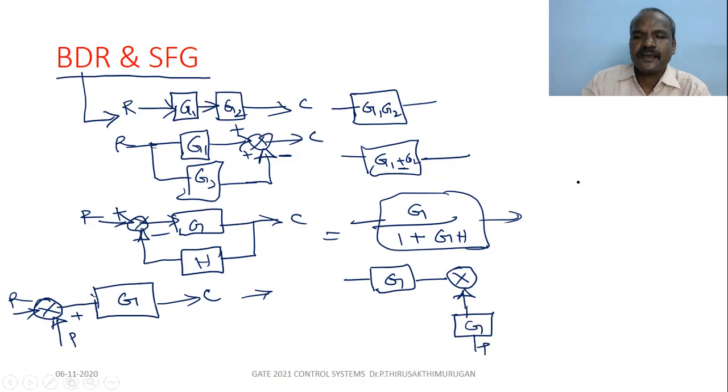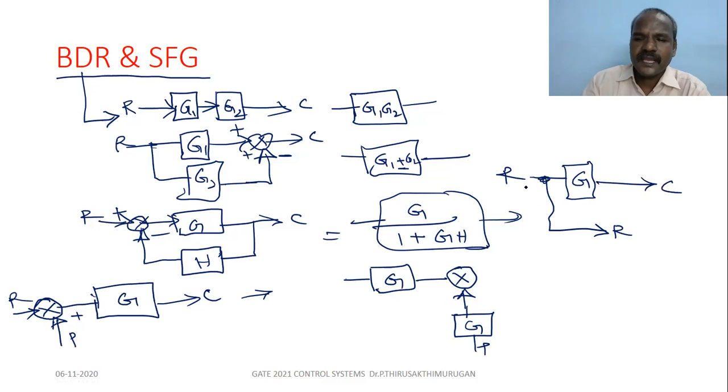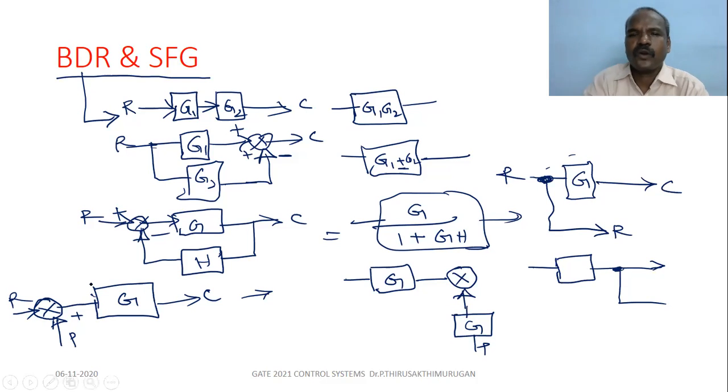Whereas in the takeoff point, say R, the same R is here. If we shift the takeoff point from before the G to after the block, it is the reverse, vice versa. The takeoff point and the summing point are handled in an inverse manner.